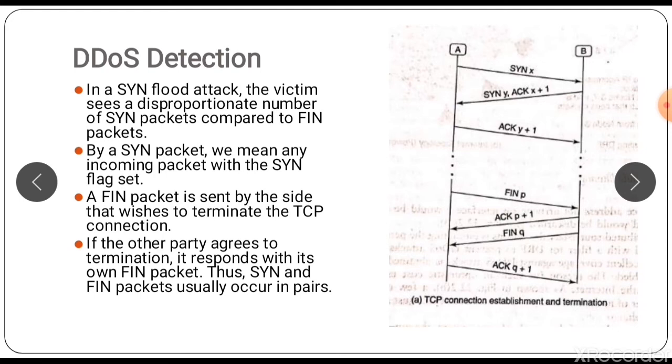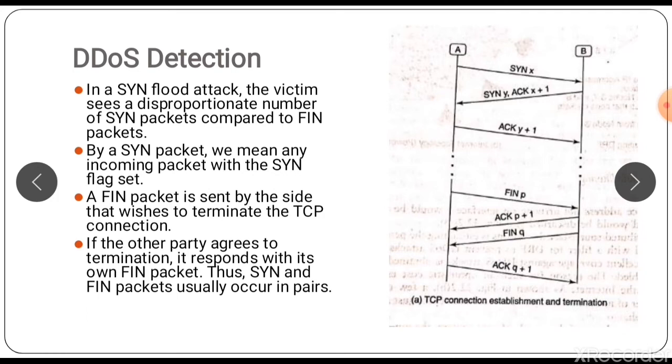Likewise, FIN and RESET packets are those with FIN and RESET flags set respectively. A FIN packet is sent by the side that wishes to terminate the TCP connection. If the other party agrees to termination, it responds with its own FIN packet.